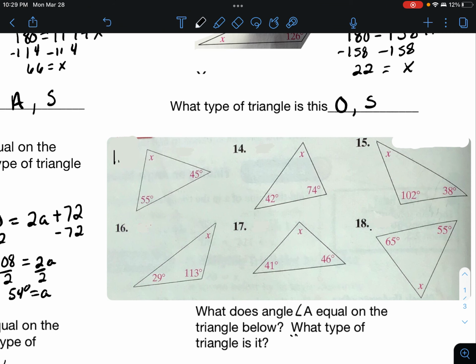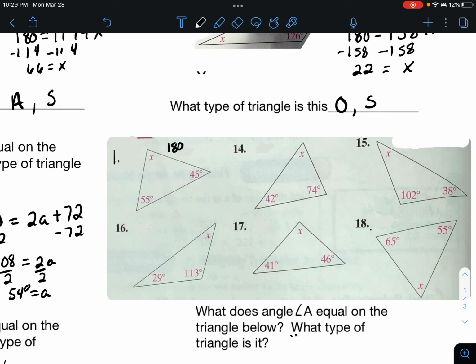Okay, here's a couple practice problems. So let's go ahead. If you look at them, you'll notice they're either acute or obtuse, and all of them are scalene. So number 1, 55 plus 45 plus x is equal 180.